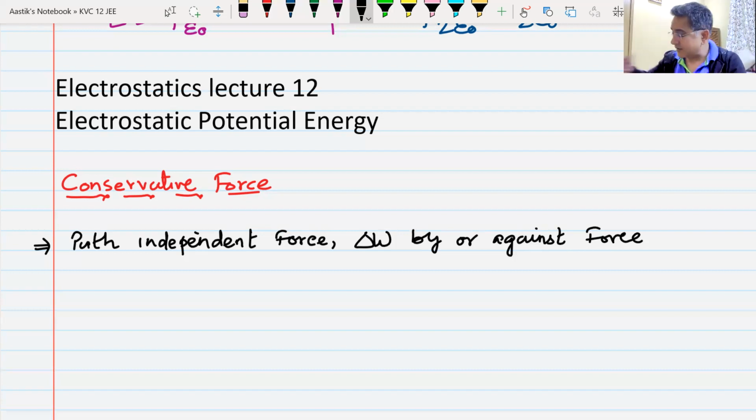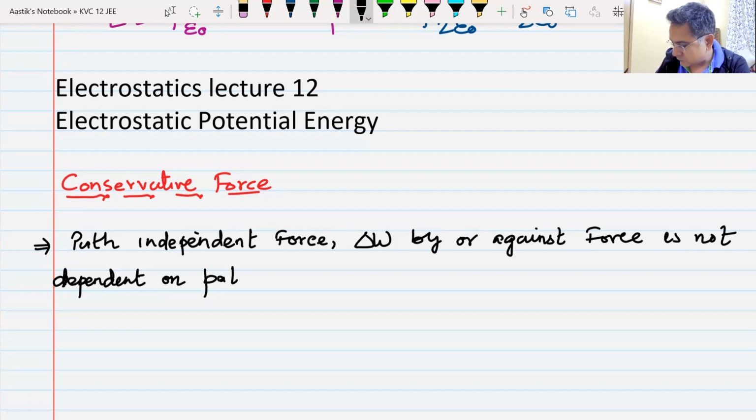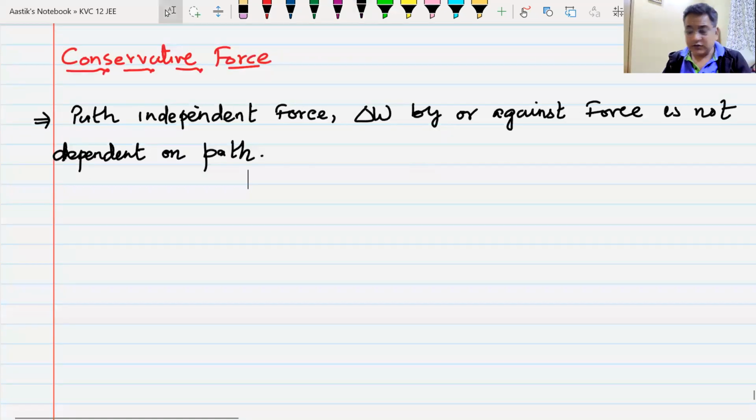Work done by or against is not dependent on path. It does not depend on path. What does that mean? It does not depend on path. What does that mean?